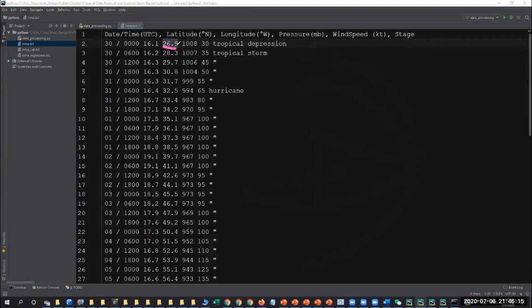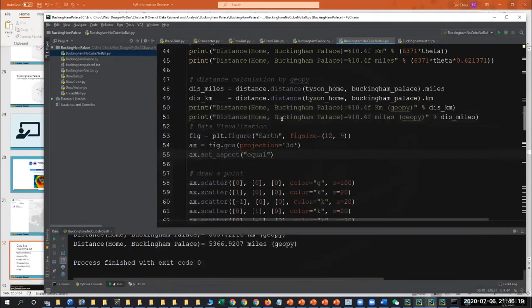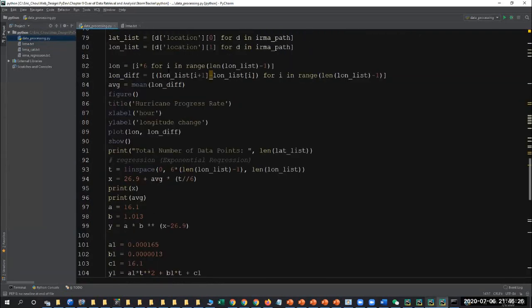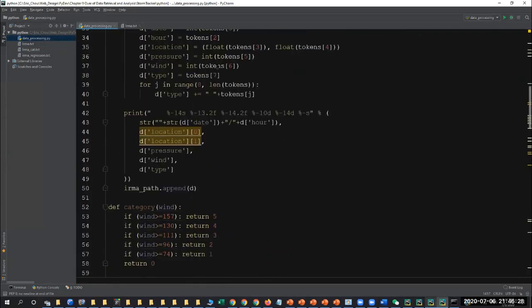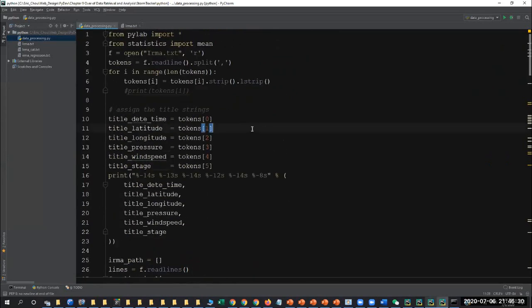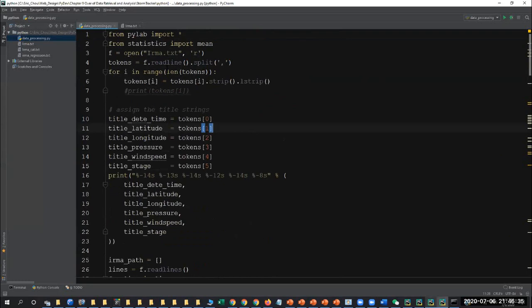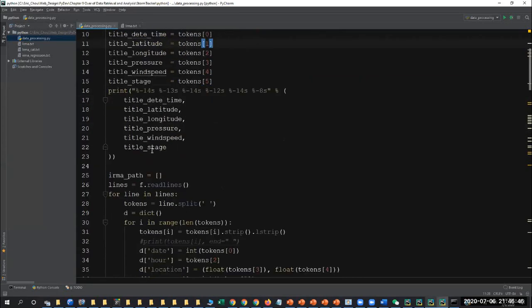Any question? Here we got the path, so we are able to calculate each individual point's location. So here we have latitude, longitude. We open the file, read the token, then split and strip to put them into these different things, and we can print them.